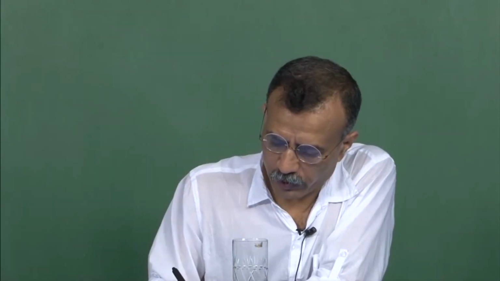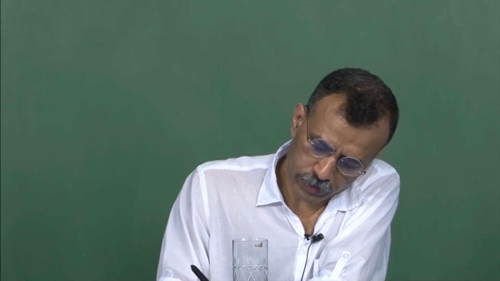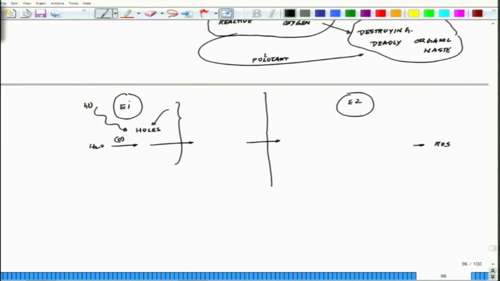The first event needed is event 1, where water comes in, and there is oxidation of the dissociatively adsorbed H2O by photo-generated holes.